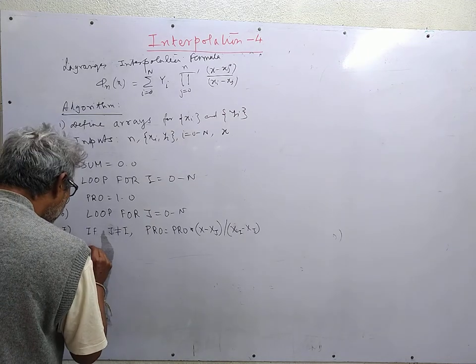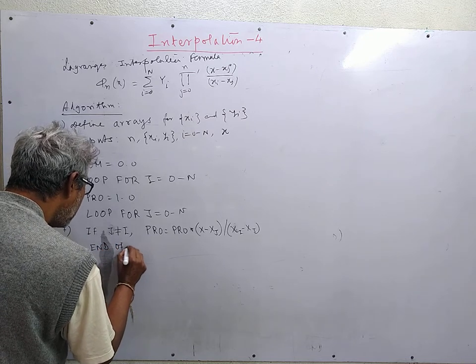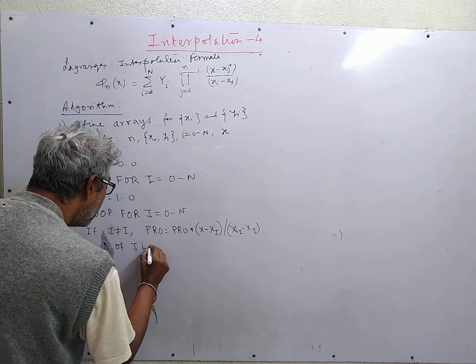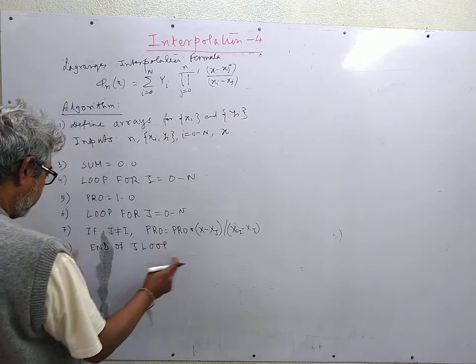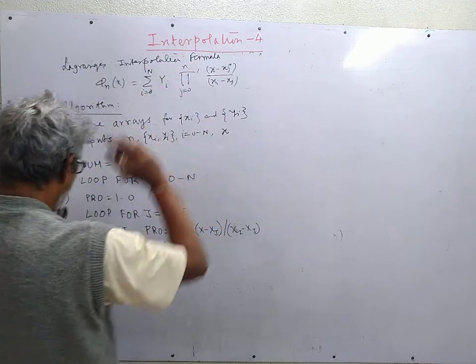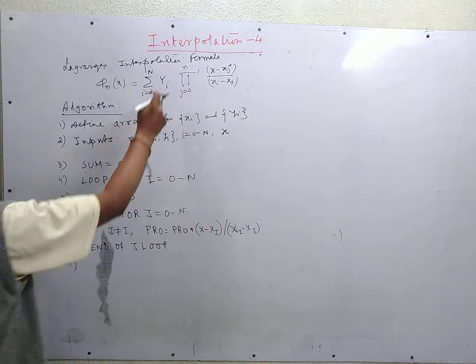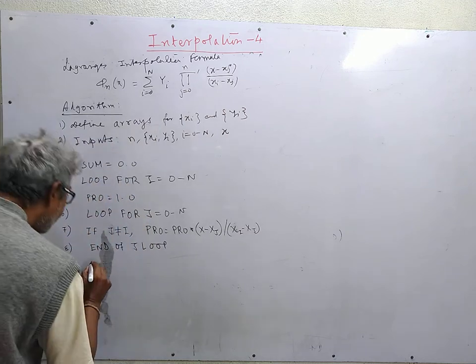End of j loop. So by this we have calculated this much.